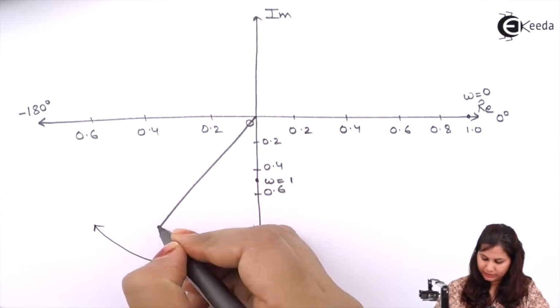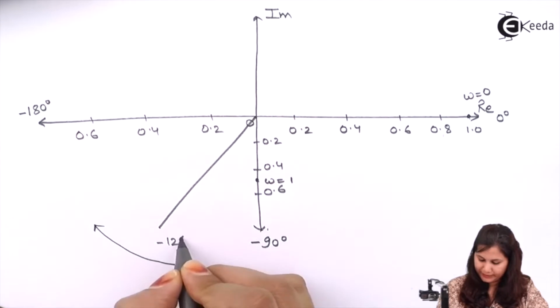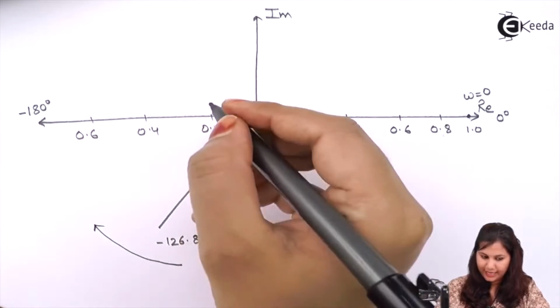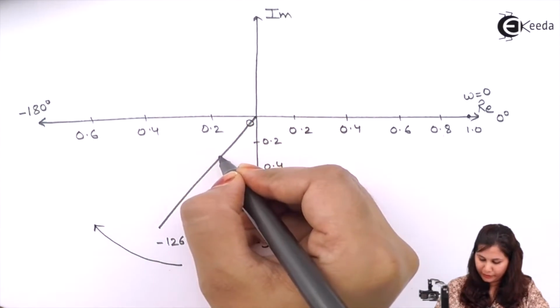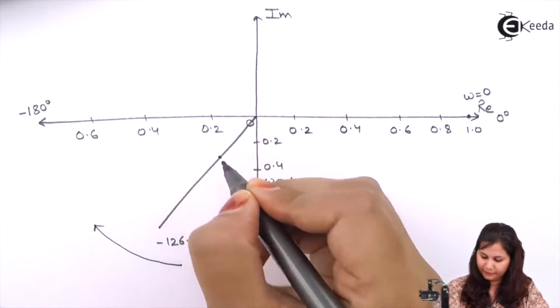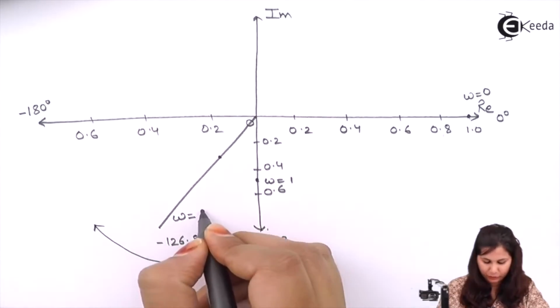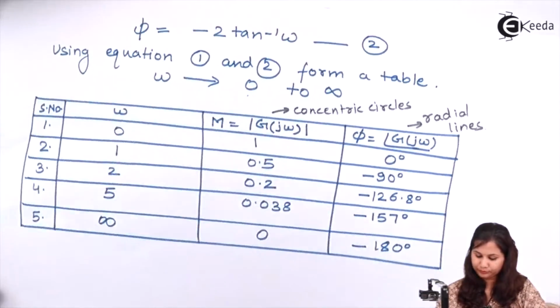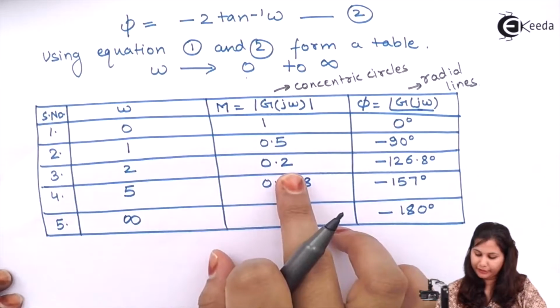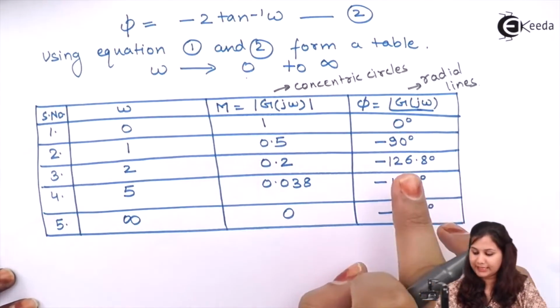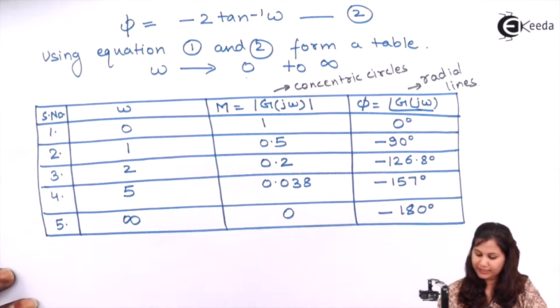It will be like this, minus 126.8 degrees, and the magnitude is 0.2. So it will be here, and this is for omega equals 2.